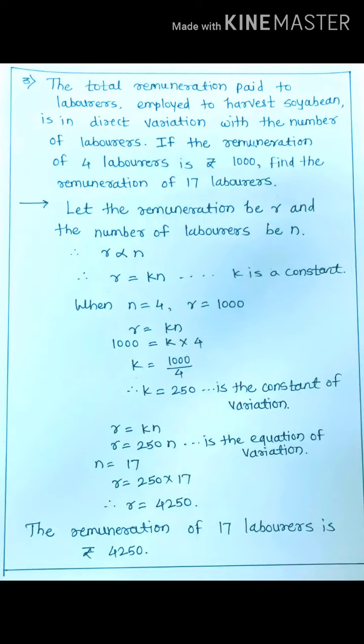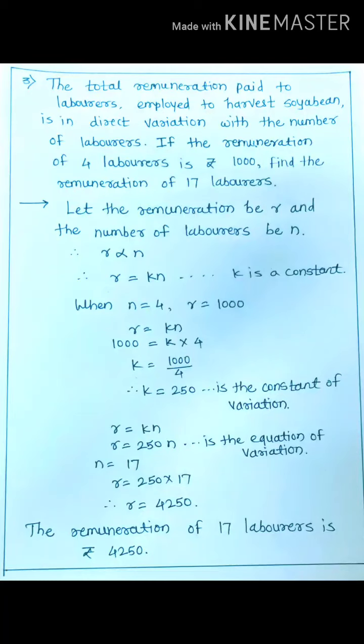So, R is equal to kn, k is a constant. The number of laborers is 4 and the remuneration R is equal to 1000. Therefore, R is equal to kn. Now, substitute the given values. R is equal to 1000 and n is equal to 4. Therefore, k is equal to 1000 divided by 4. k is equal to 250, which is the constant of variation.